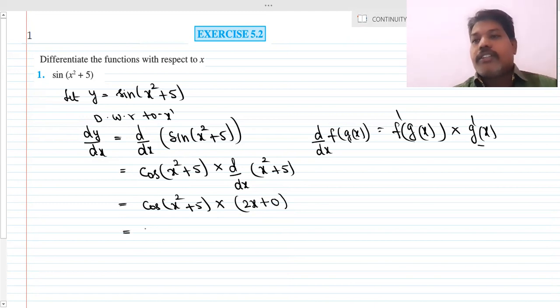What is the final answer here, students? 2x into cos of x square plus 5.